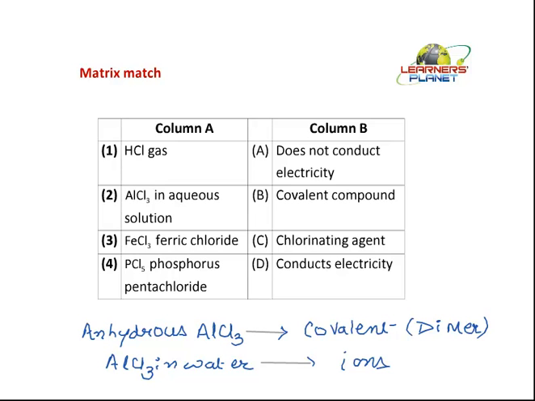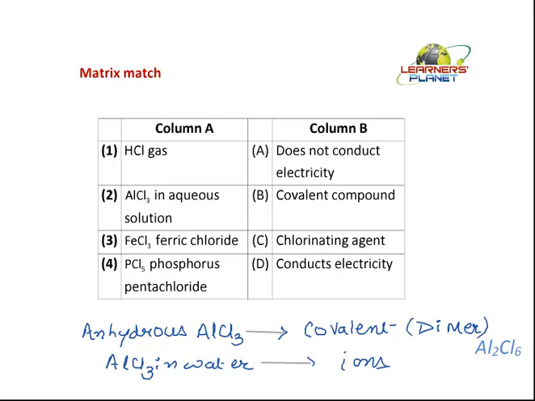There are lots of energy considerations here, like hydration energy, ionization energy, and electron affinity. We will be discussing this in your 11th sessions. But here you remember that anhydrous AlCl3 is covalent and exists in the form of a dimer, that is Al2Cl6, whereas AlCl3 in water is ionic. So what would be its answer?